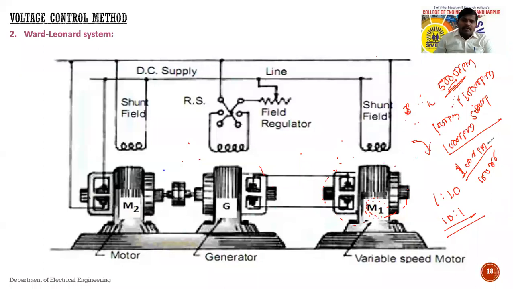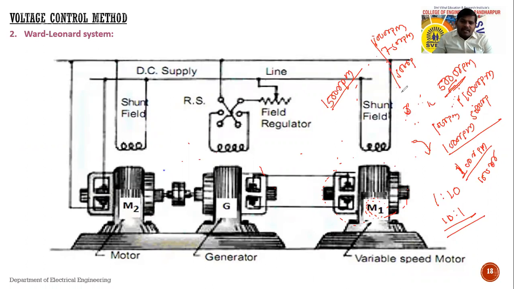suppose it may be 1 revolution per minute. Okay, suppose the rating of the motor is 1500 revolutions per minute. So if the motor is running at 1500 revolutions per minute, I want to achieve multiple speeds. Suppose this motor can be run at 1000 revolutions per minute, this motor at 750, I am able to run this machine at 500, at 250, and also at 125 revolutions per minute.